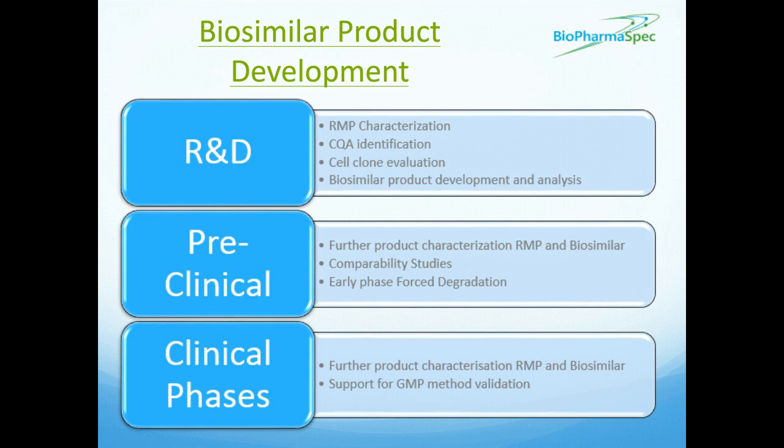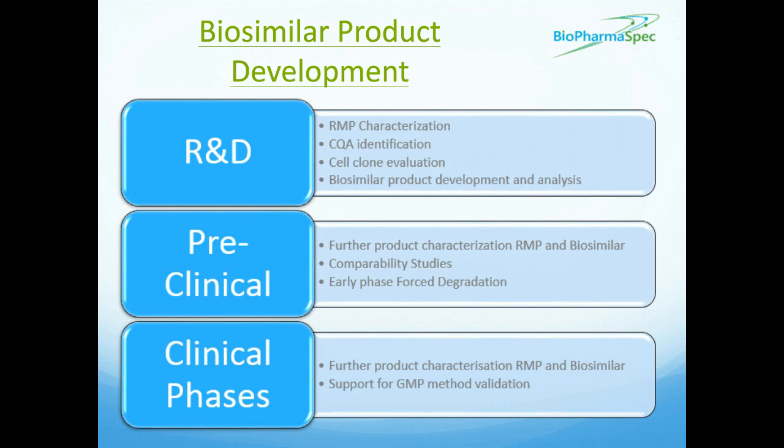And also, with regard to preclinical, there are times when you have to do further product characterization of the RMP and the biosimilar, more comparability studies, and early phase forced degradation.